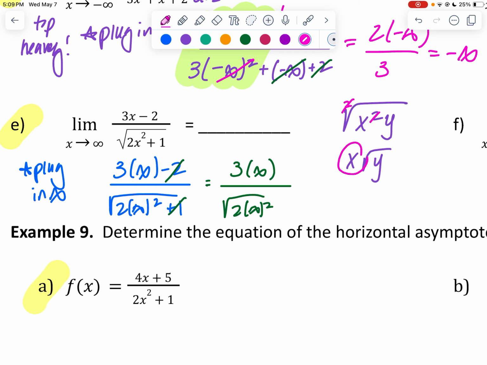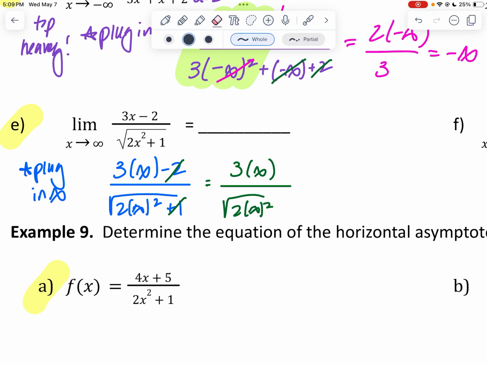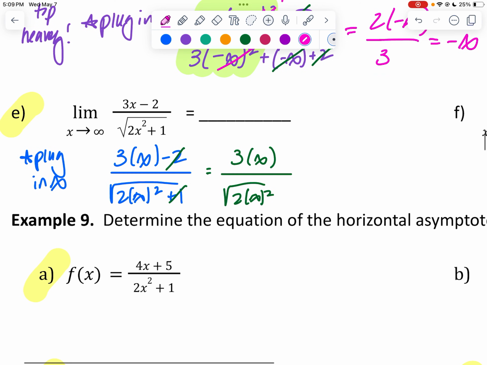The x gets pulled out from underneath the radical, and what's left over is y to the first. Very similar concept in this case, the infinity squared gets canceled out. So then I'm left with 3 times infinity all over infinity radical 2, because this was 2 to the first power.